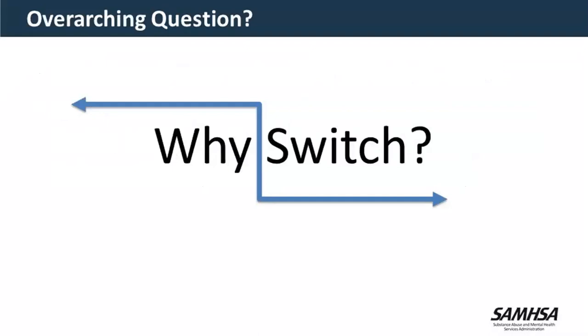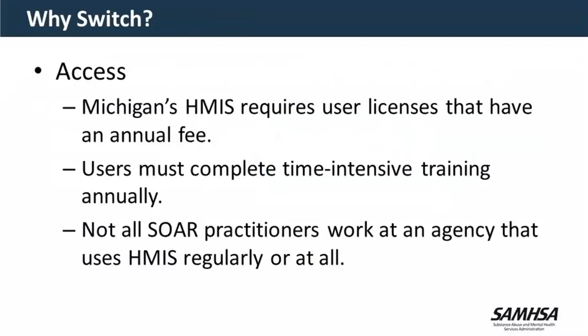We're here today to talk about why we made that switch, and that's what I'll do on the next few slides. The main issue that we saw when collecting outcomes each year was access. Michigan's HMIS system requires user licenses. Those licenses have an annual fee.